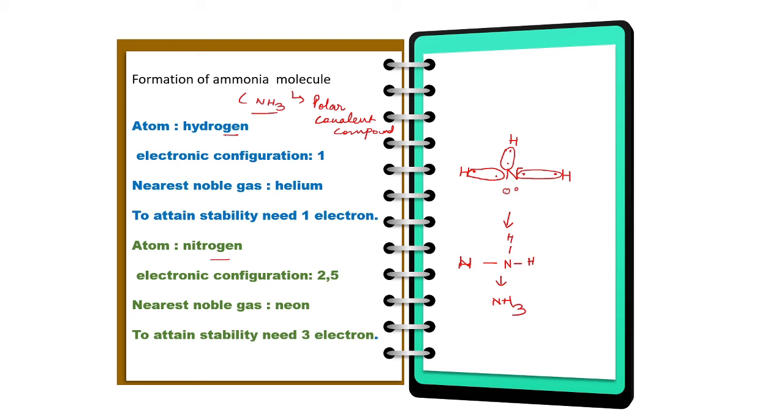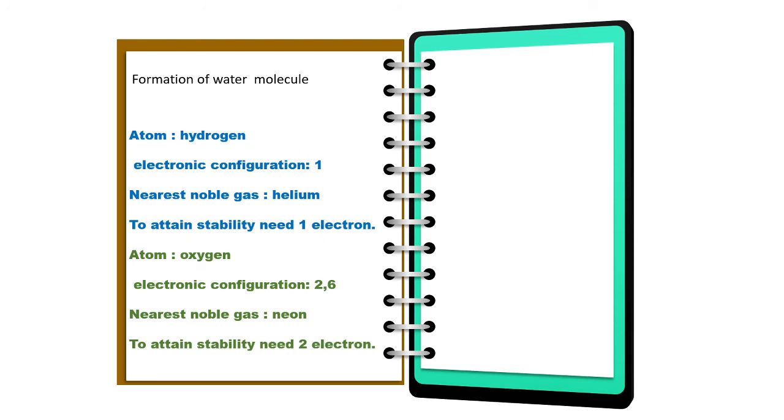Next example is of water. The formula for water is H2O. Here also we have two different kinds of combining atoms, hydrogen and oxygen. So let us place oxygen at the center, where oxygen will have 6 electrons in its valence shell, and hydrogen at each side with 1.